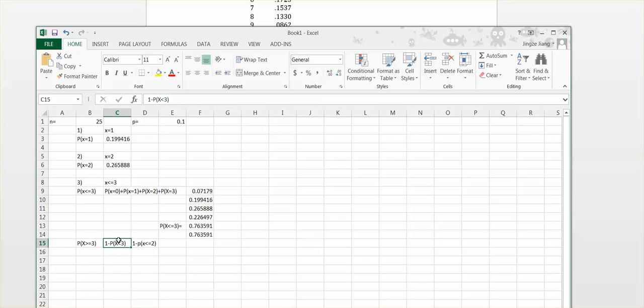So this calculation is equivalent to 1 minus the probability x smaller than or equal to 2. So this is how we can use Excel to calculate the probability for the binomial distribution.